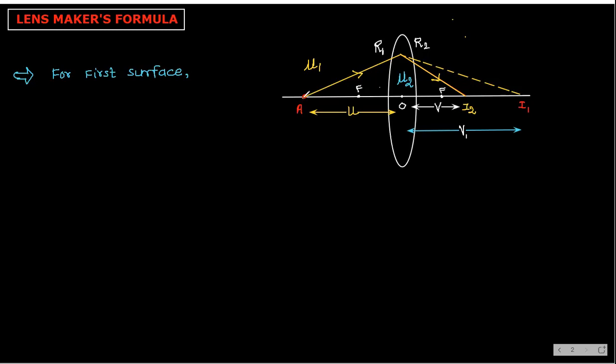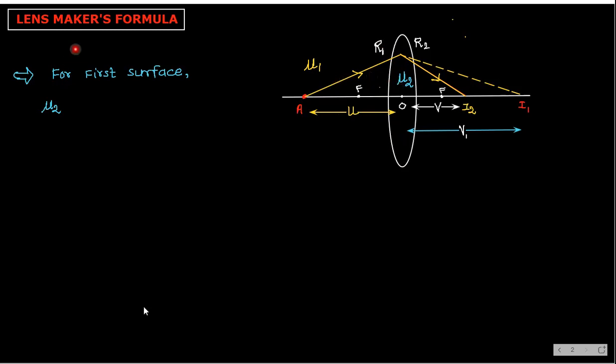Now here you see, for this curved surface, which curved surface? This curved surface, only I am considering this one. Now this is mu2 and this is mu1.